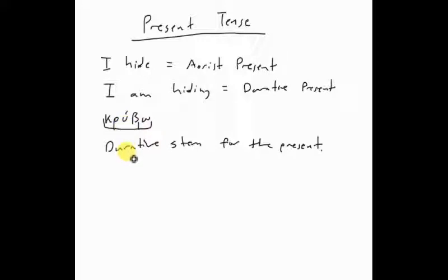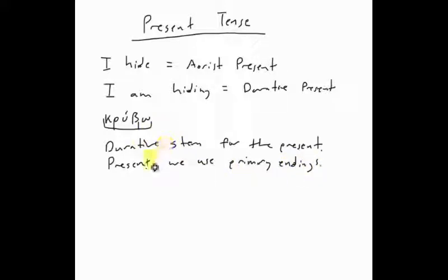So we said that the aspect gives you your stem, and we also said that the sequence of tenses that a tense falls into gives you the ending for that tense. And if we remember, the present tense falls into the primary sequence of tenses. So for the present, we use primary sequence of tenses endings, or just primary endings.